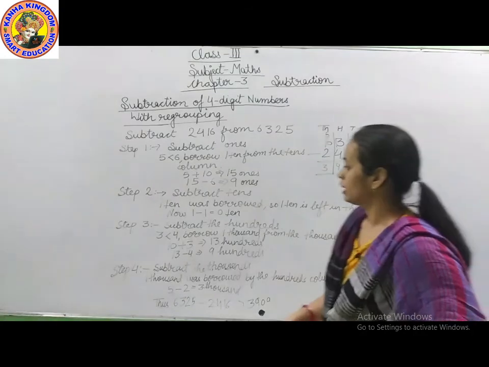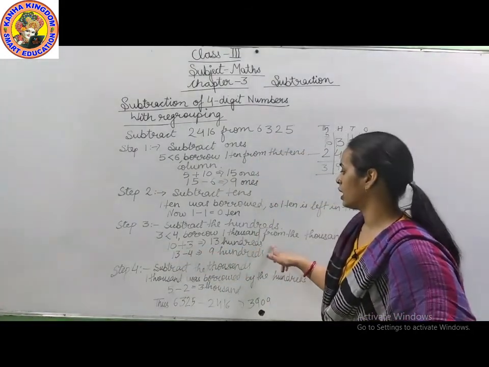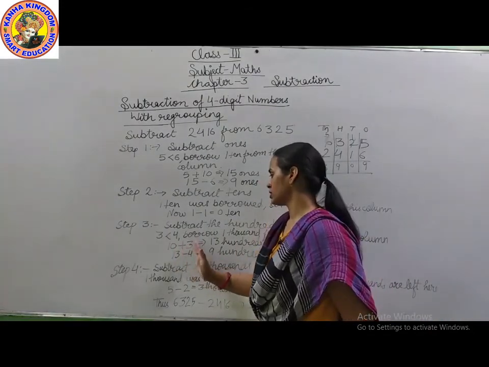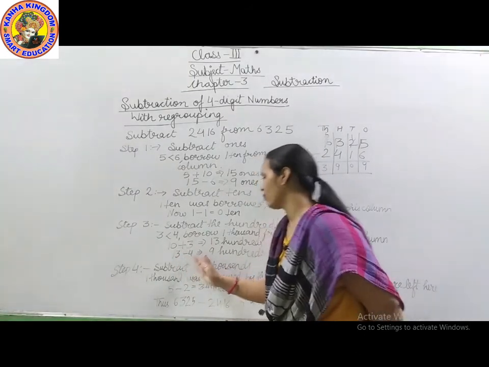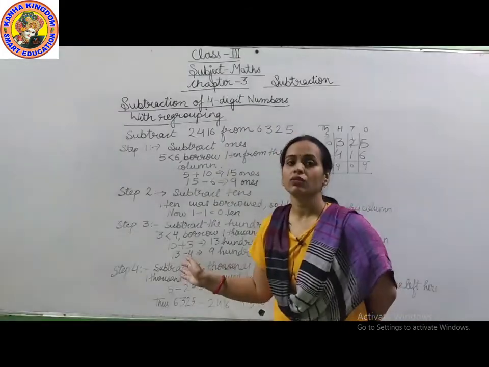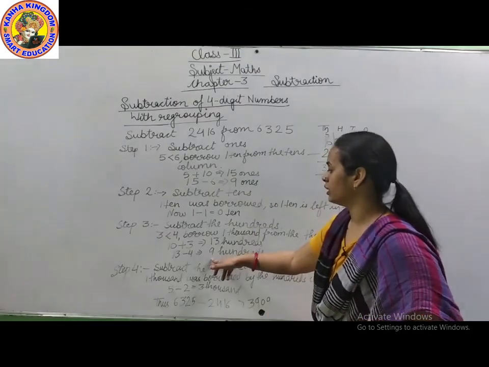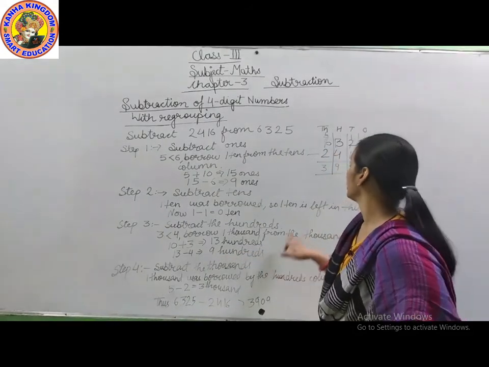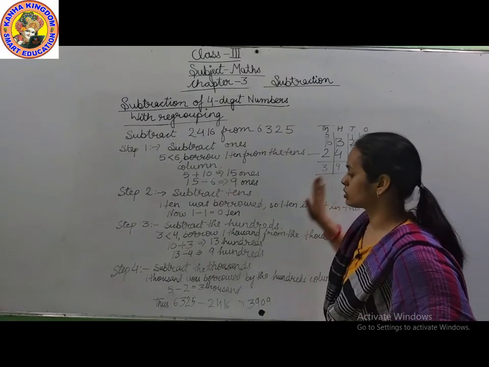Now 10 plus 3 equals 13 hundreds. After adding 10 plus 3, our next step, 13 minus 4. When we subtract 4 from 13, we get 9. So our answer is 900.